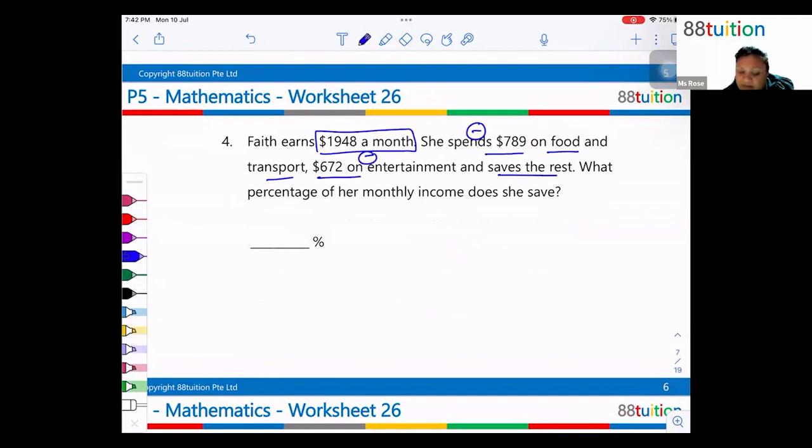So we want to find the percentage of her monthly income that she saved. First, I need to know how much she saved. Anyone? How do you get the amount that she saved? Can you tell me what's the amount that she saved?